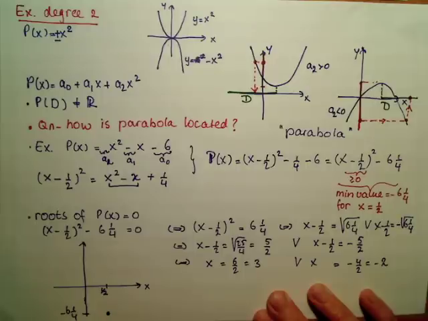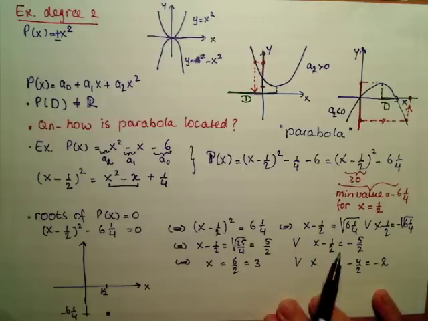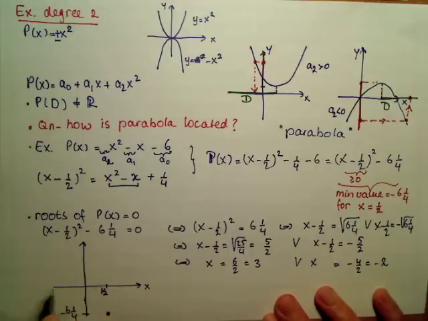So we get this minimum point over here, and if we go 5 over 2 to the left, then we get to the point minus 2. And we get 5 over 2 to the right. Then you have to draw this horizontal axis a little bit bigger. So we get something like here, 3 in green, and we get this parabola.